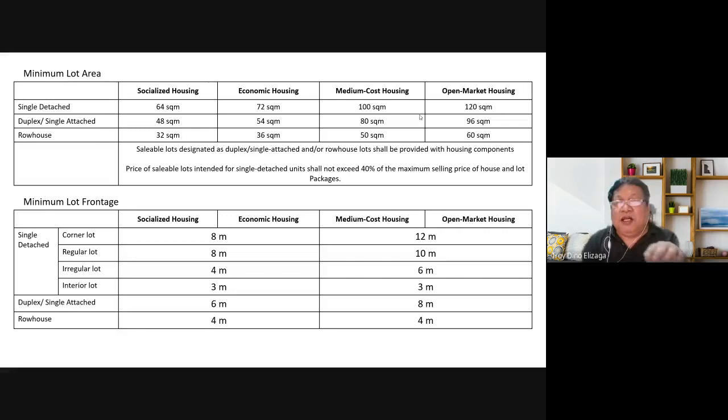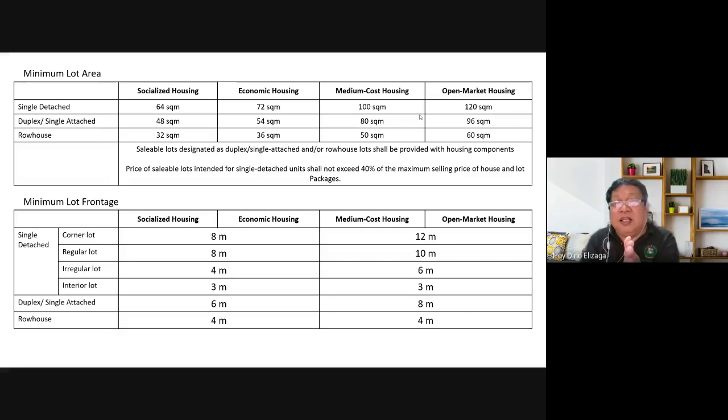Now, if the two adjoining properties have their houses attached together, that's a duplex. But if the adjoining properties have their houses attached only on one side, for this one, it is attached to the right side, and this one is also attached to the right side.